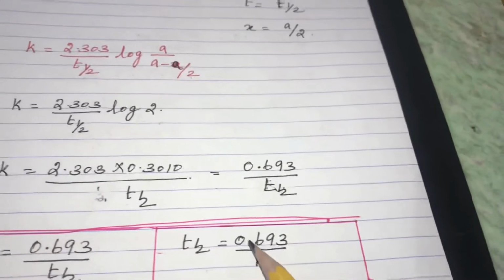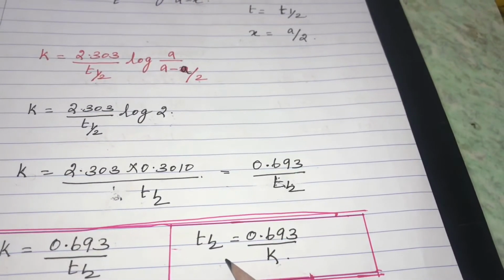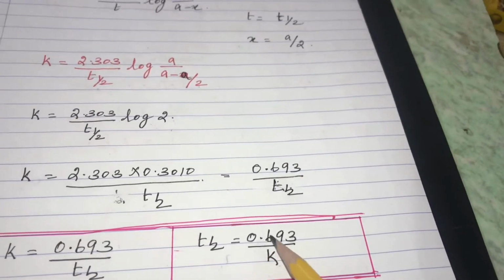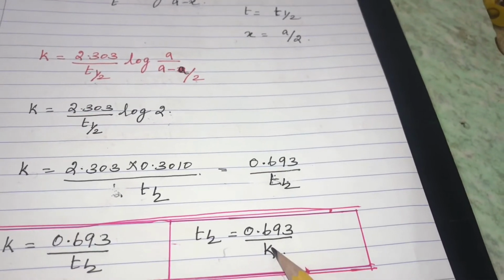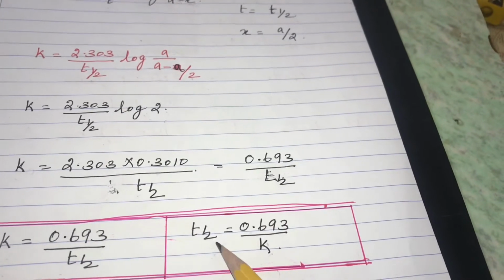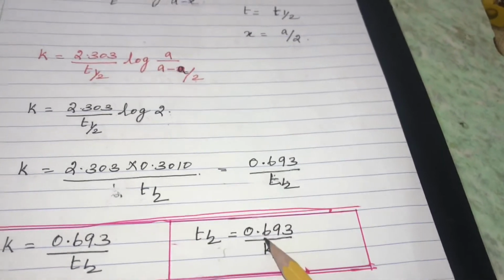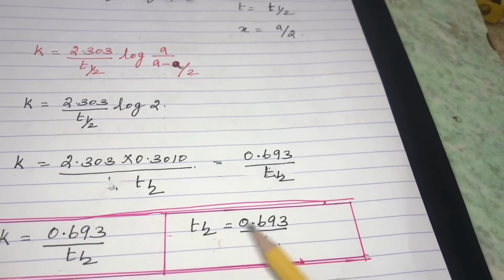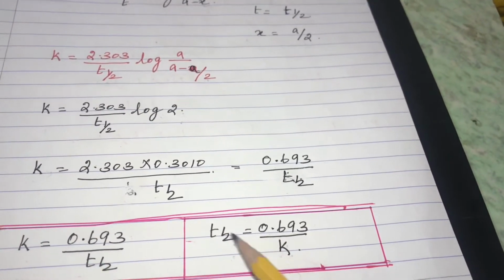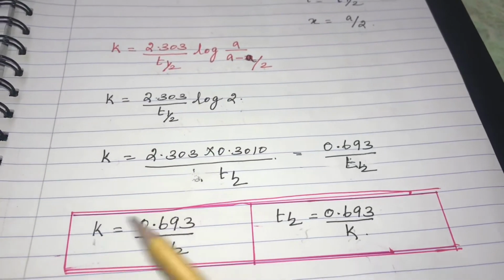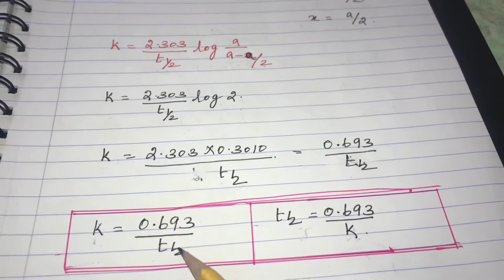So, T half, the half-life period of first order reaction, is 0.693 divided by rate constant K. This equation can also be written by changing the term place: K, the rate constant, is equal to 0.693 divided by T half.